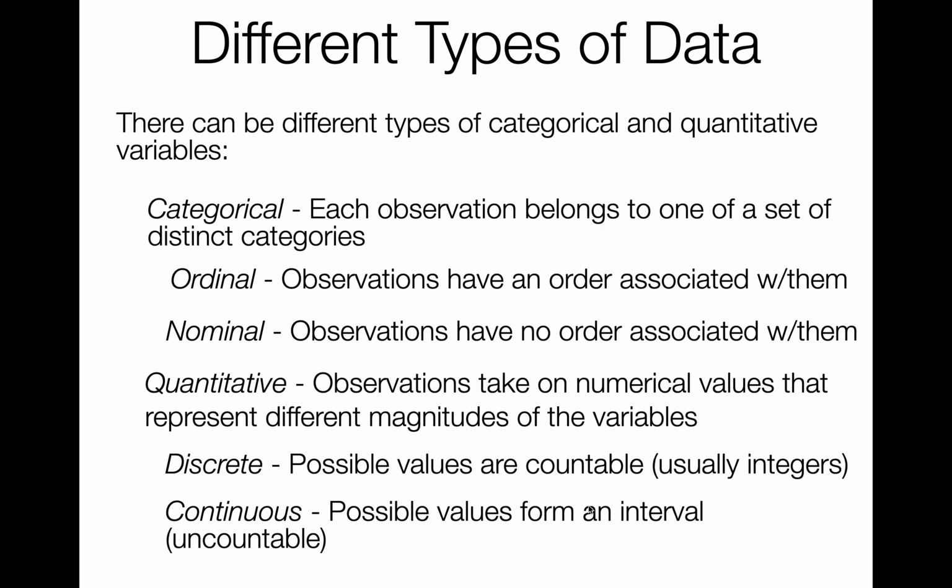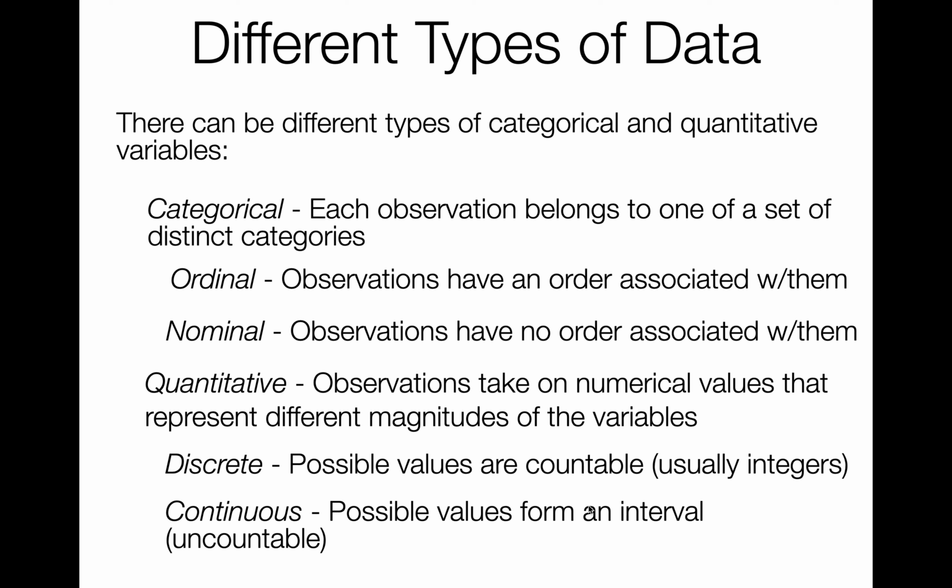And then there's a continuous variable. How you define a continuous quantitative variable is that the possible values form an interval. For instance, can you tell me how many numbers there are between 0 and 1, up to an infinite number of decimal places?